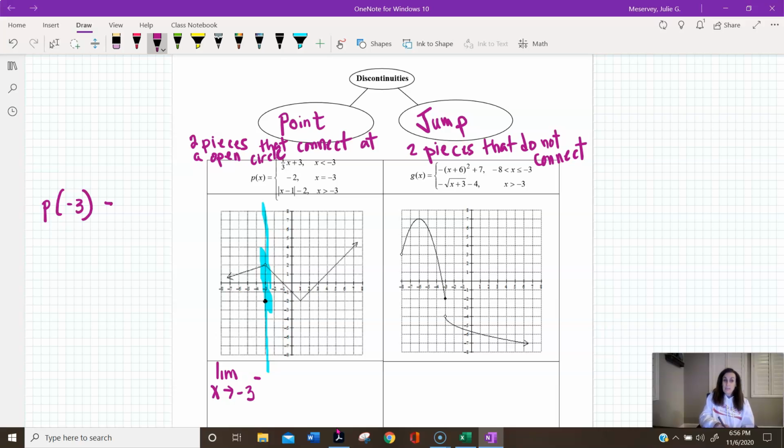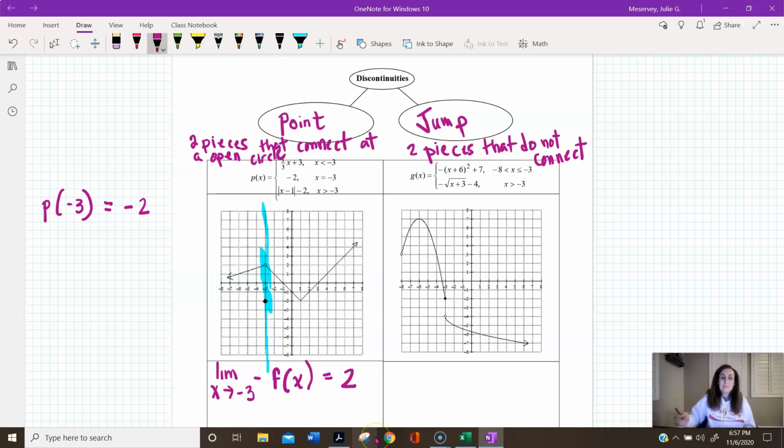Well, you would say P of -3 equals -2, which is this point here. But limit just means what am I approaching? So as I'm getting closer and closer to -3 from the left-hand side, I am getting closer and closer to the y value of +2. So that is the limit.